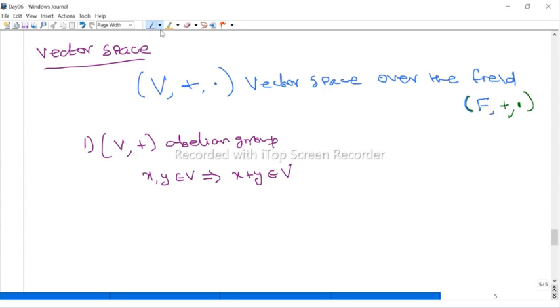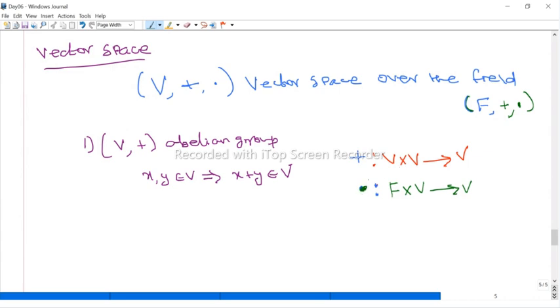So plus is a function from V cross V to V, but this dot is a function from F cross V to V, where F is the field. So this is addition, and this is scalar multiplication.